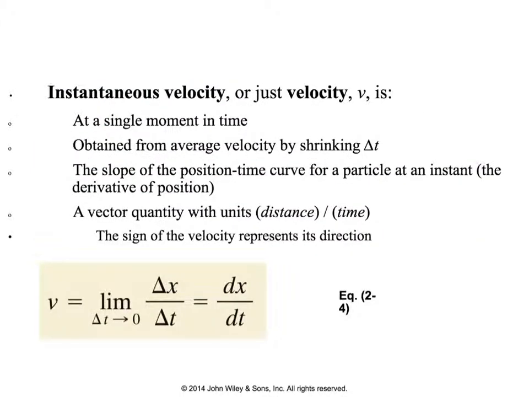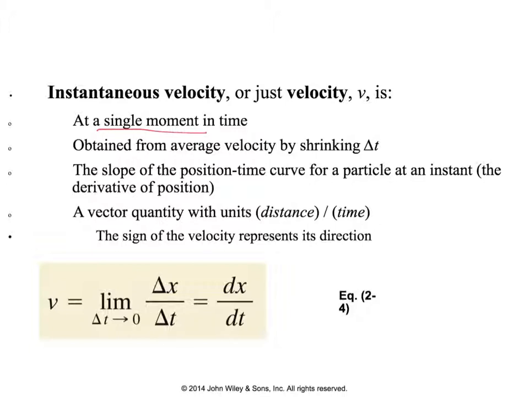Typically we will just say velocity, and when we just say velocity, it's implied that it's the instantaneous. This means it's the velocity at a single moment. It's a snapshot at that exact instant in time: what is the velocity of the object? What is the magnitude and the direction?